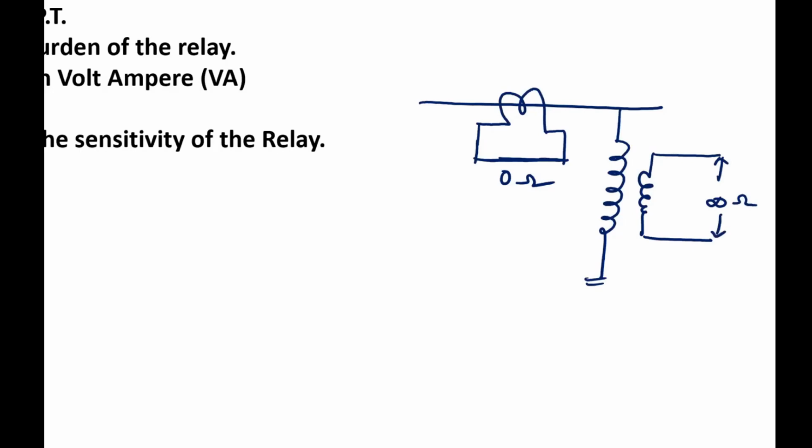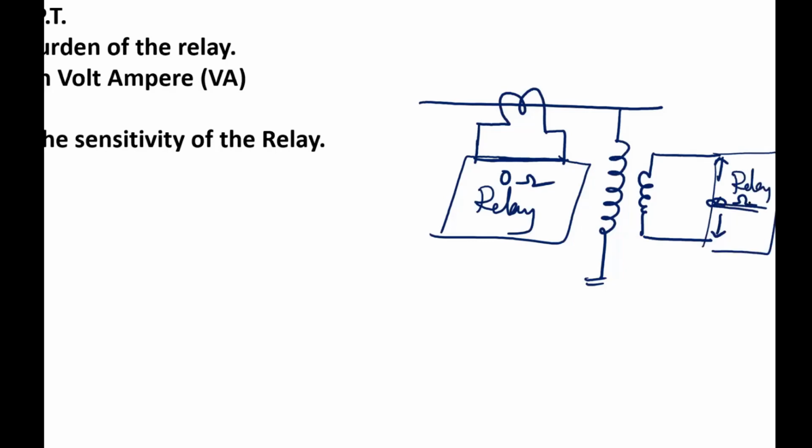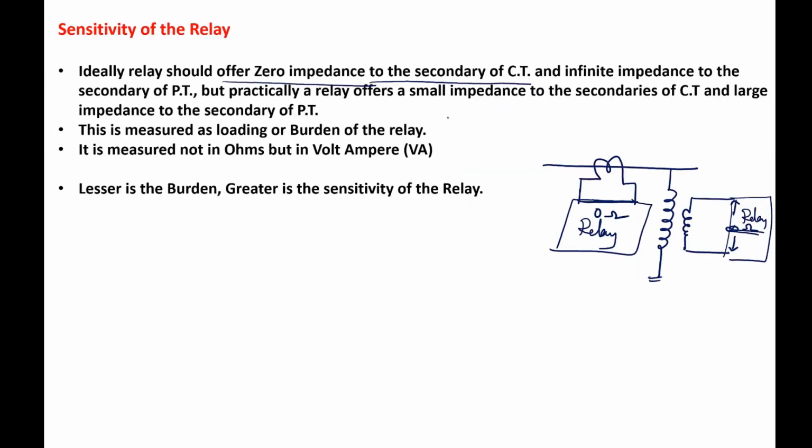The secondary of CT is connected to a relay, and the secondary of PT is also connected to a relay or voltmeter. So ideally, the relay should offer zero impedance to the secondary of CT and infinite impedance to the secondary of PT.